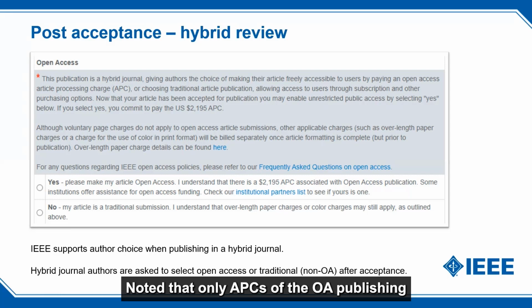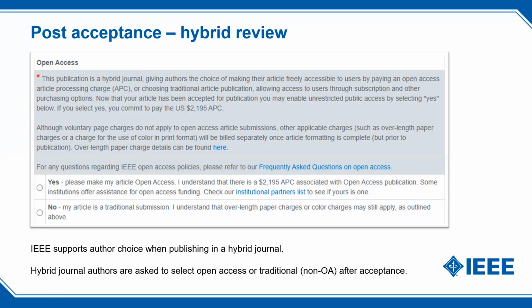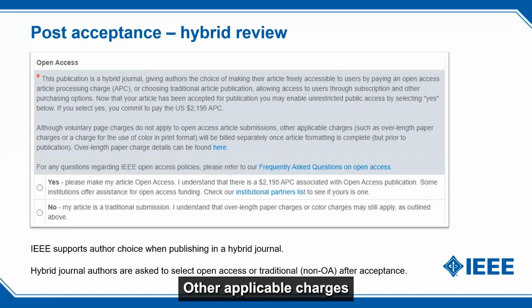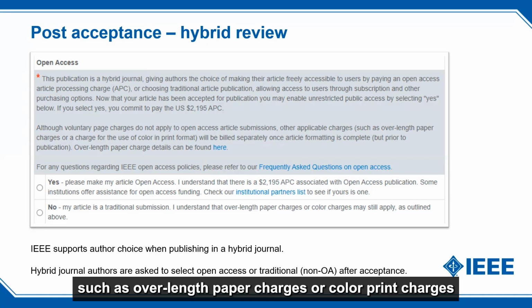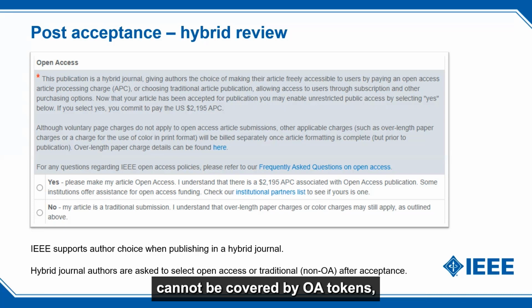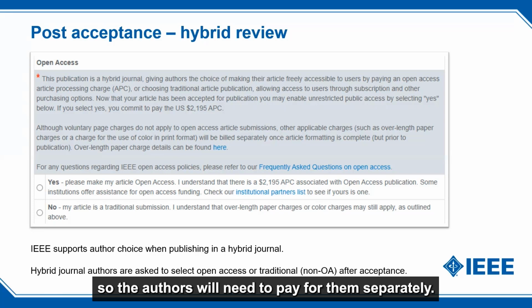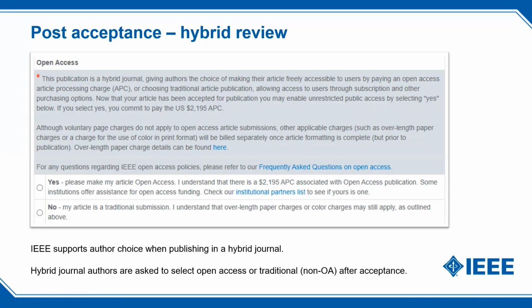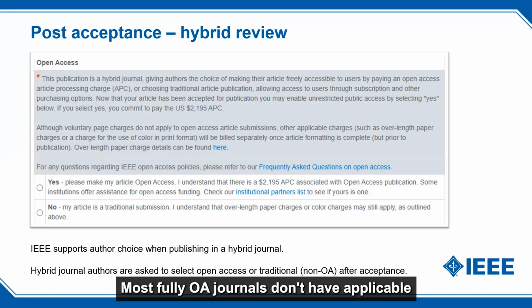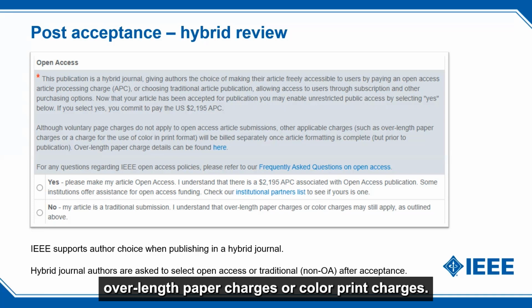Note that only the APC of the OA publishing can be covered by our agreement. Other applicable charges, such as overlength paper charge or color print charge, cannot be covered by OA tokens. So the author will need to pay for them separately. Most fully OA journals don't have overlength paper charge or color print charge.